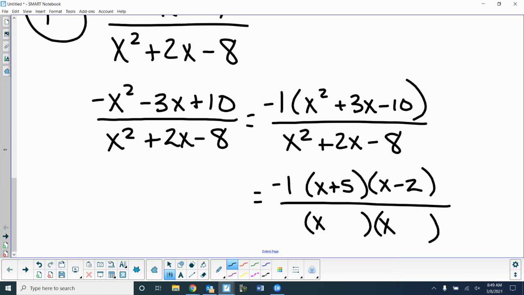Negative 2 and positive 4. Is it 4 and negative 2? Yeah. Like I told you last week, every one of you in here should be able to factor a trinomial.